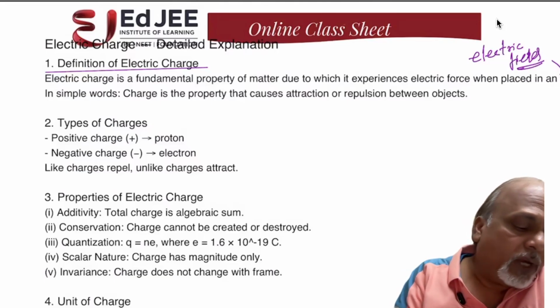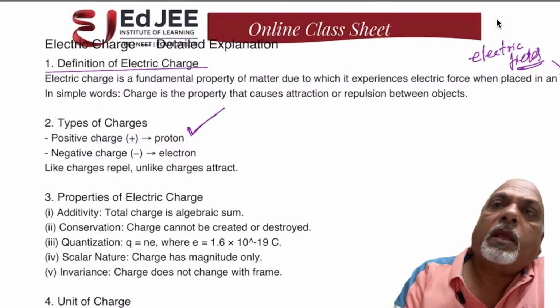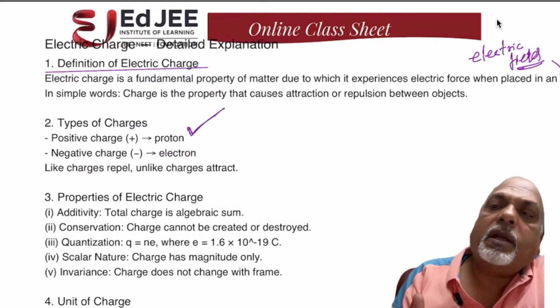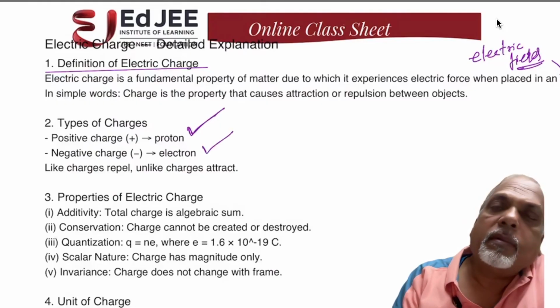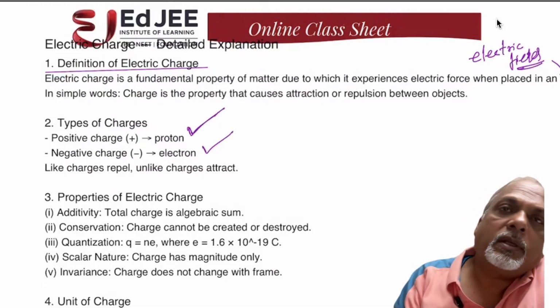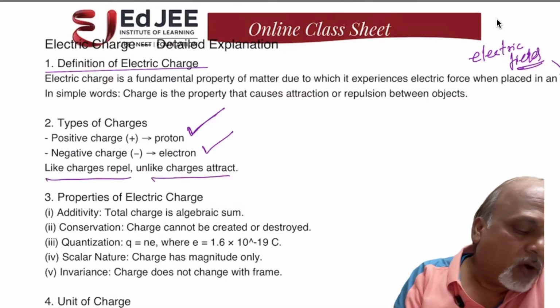Types of charges: positive charge, that is proton. Every matter contains atoms, and in the atoms there are protons, and negative charge, electrons. So there are two types of charges, and like charges repel and unlike attract.